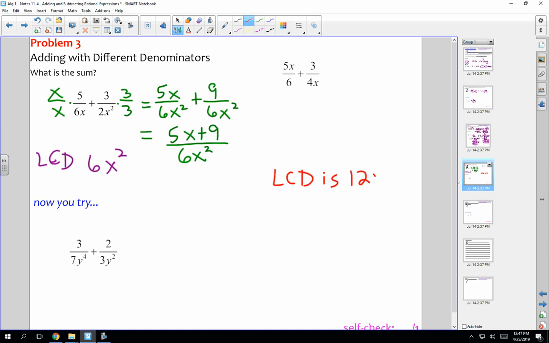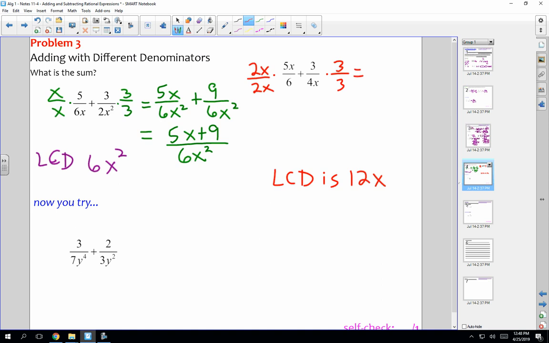In terms of variables, I'll take the x to the first power. So I've got to get a 12x on the bottom of each of these. So I'm going to have to multiply the first fraction by 2x over 2x, so that 2x times 6 will give me 12x, and the other fraction by 3 over 3, so that the bottom will be 12x.